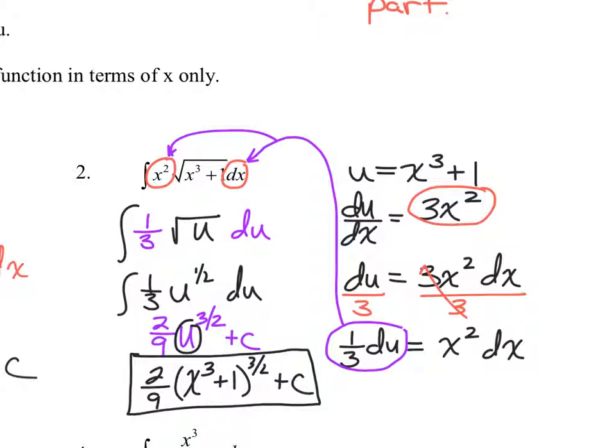There's some instances where you can avoid this process, and I kind of fell into that trap early on in Calc 2. It's not pretty, because I ignored all this stuff. I'm like, well, I figure if this is the same as saying x cubed plus 1 to the 1/2, I'll just take the antiderivative of that, then I'll check it, and then I'll just change my coefficients as needed.